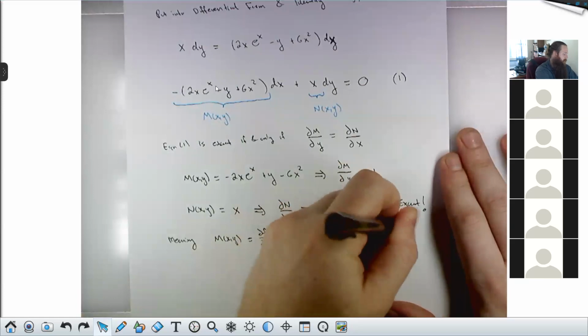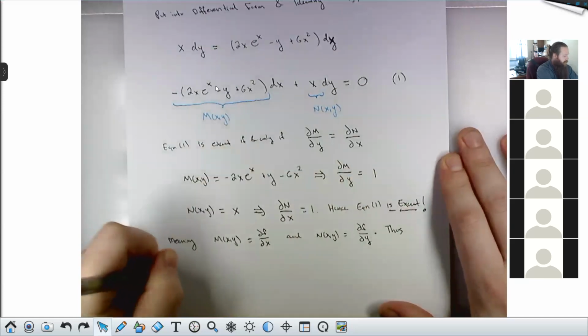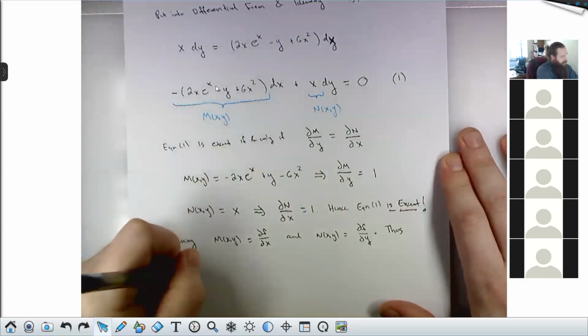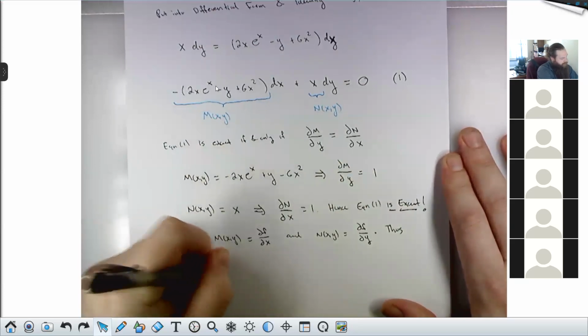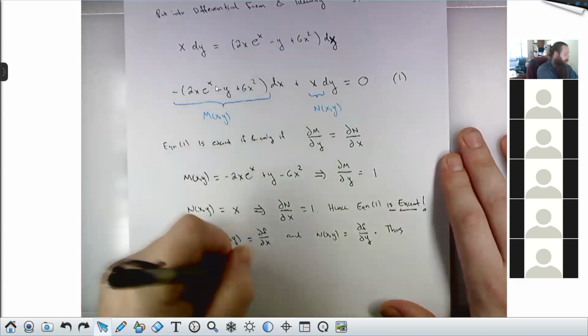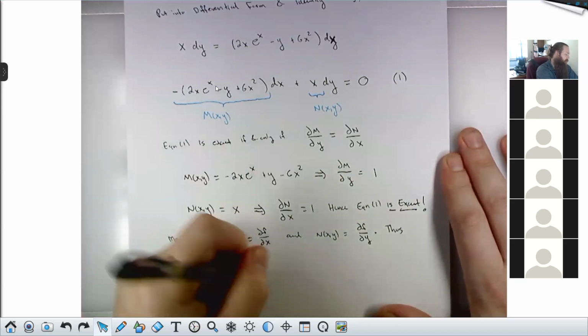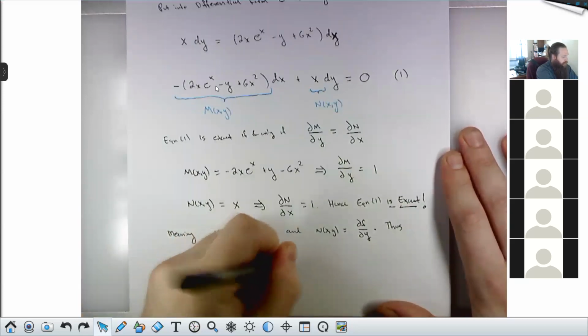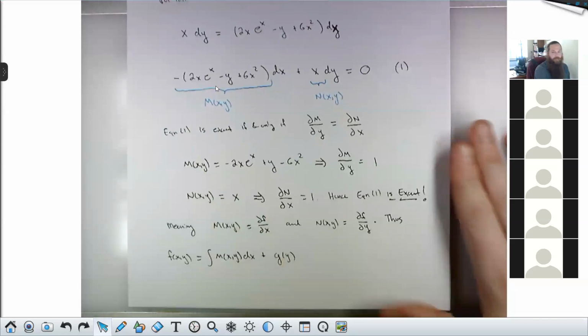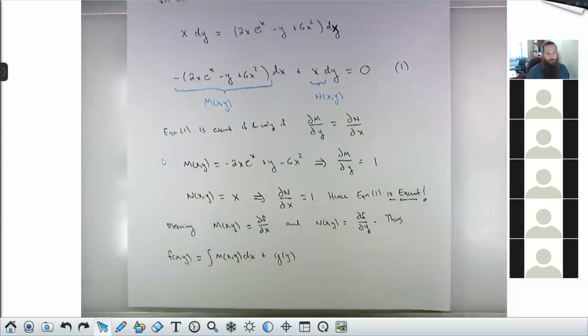Thus f of xy is equal to the integral of m of xy taken with respect to x plus some pure function of y. And I think we were calling it g of y. So our first step towards finding the function we're looking for is to integrate m to try and recover f.